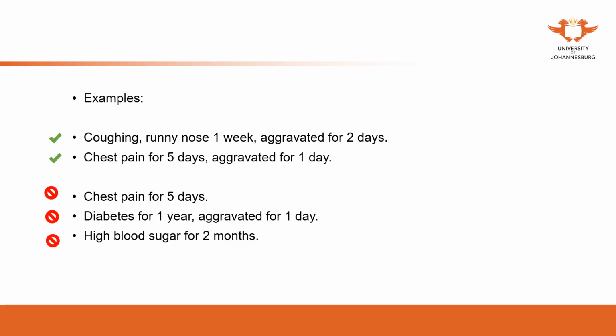So this patient suffered from chest pain for 5 days and became worse for 1 day. That's exactly why the patient comes to me now. Why didn't he come yesterday? Because yesterday he didn't feel that bad. So that's why we say these 2 are good examples of a chief complaint.